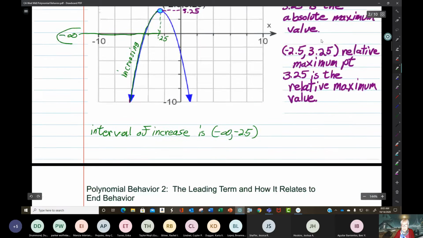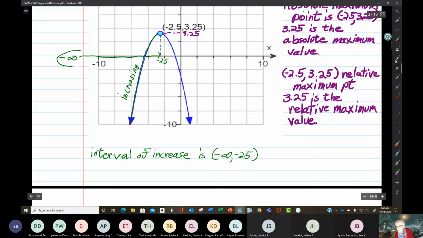Okay, similarly, and I'm going to use out and out red this time. From this point on the x-axis to the right forever, the graph is decreasing. So there you go, out to positive infinity.